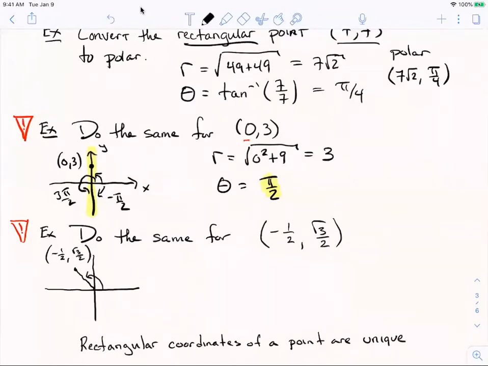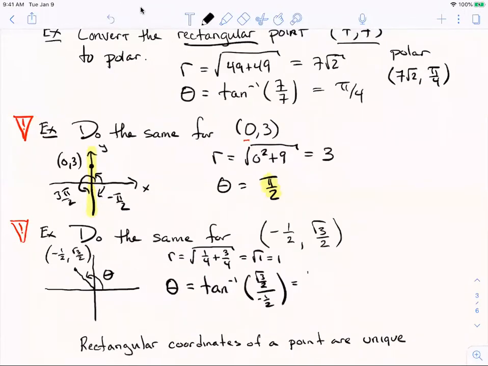That's my theta. We can compute r. R is the square root of 1/2 squared plus square root of 3 over 2 squared. So that's the square root of 1/4 plus 3/4. That's just 1. So this polar radius is 1. But now let me see what my calculator is going to do. If I take the inverse tangent of y over x, so that's the inverse tangent of root 3 over 2 divided by minus 1/2.